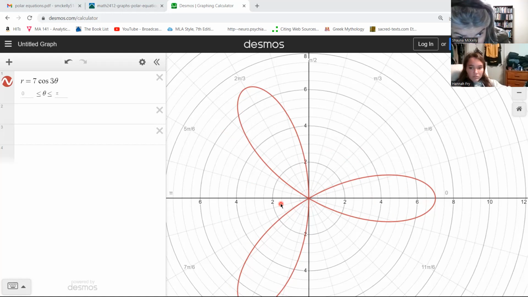It wouldn't be a huge deal. I would suggest that you do this in degrees on your calculator, unless you're plotting in radians on your paper, but it probably would be easier to do it in degrees initially.